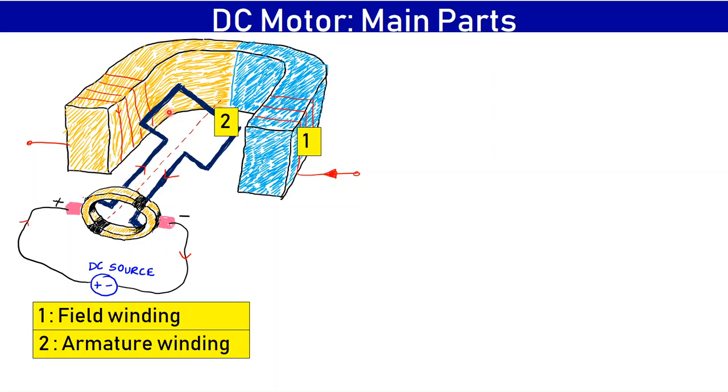The coil that I was showing here, to which we were supplying the current, is a single coil, but in an actual machine it has multiple coils, which makes it a winding, and this winding, which is rotating in nature here, is called the armature winding. And of course, the third part is the commutator, which in this case was converting this supplied DC into an AC inside the armature winding.